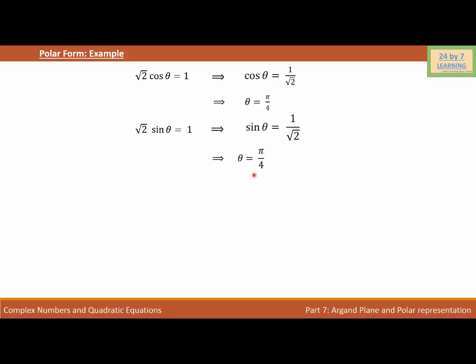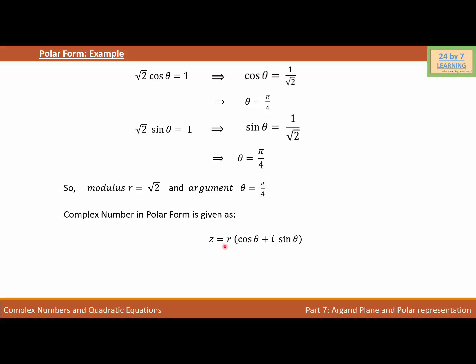So as you can see, the value of angle theta is pi over 4. We write the modulus of the complex number as r equals root 2, and the argument or amplitude of the complex number as theta equals pi over 4. Now let's write the complex number in polar form: z equals r (cosine theta plus i sine theta).